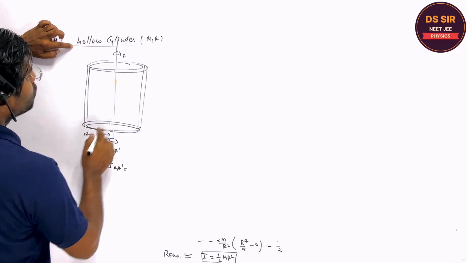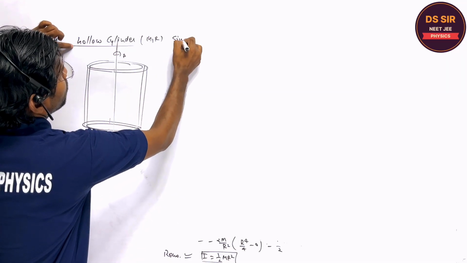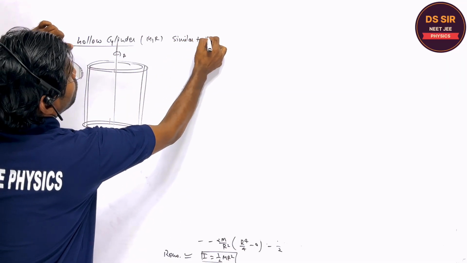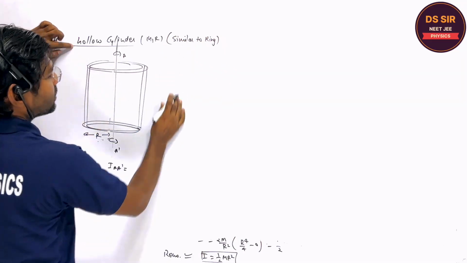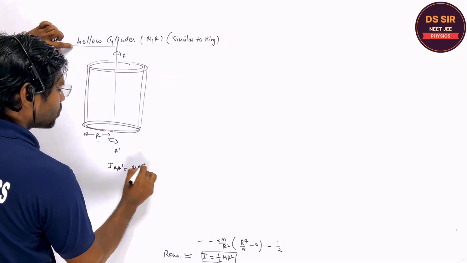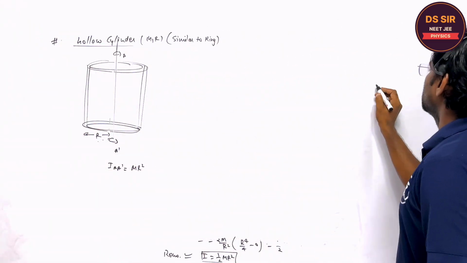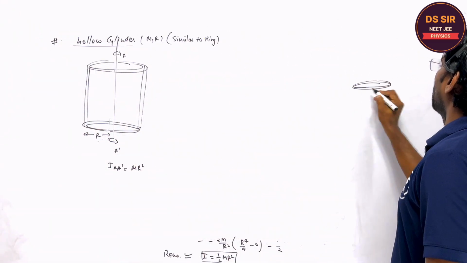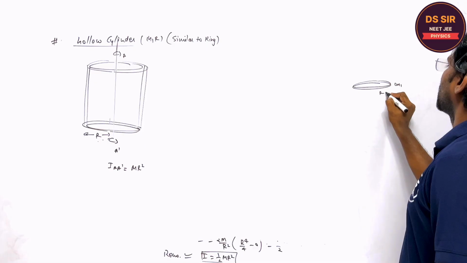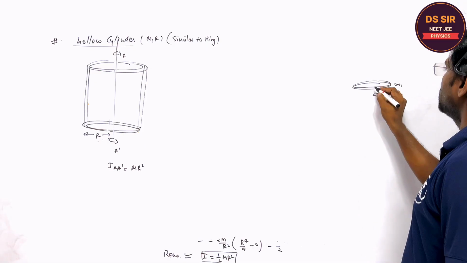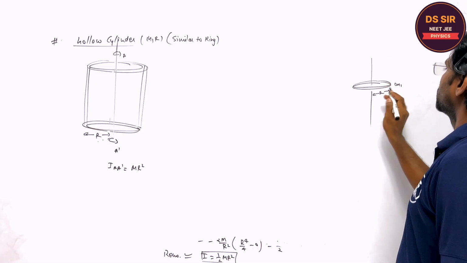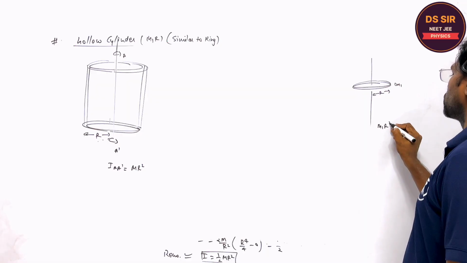Listen, the hollow cylinder is similar to a ring. The moment of inertia is mr square again. How is it? I am explaining. Suppose this is a ring of mass m1, the radius is r. What is its moment of inertia? m1 r square.